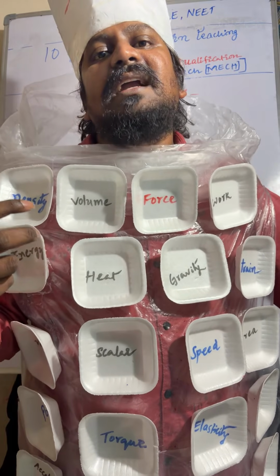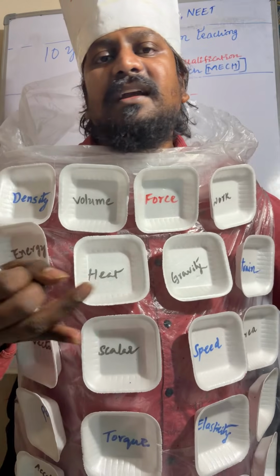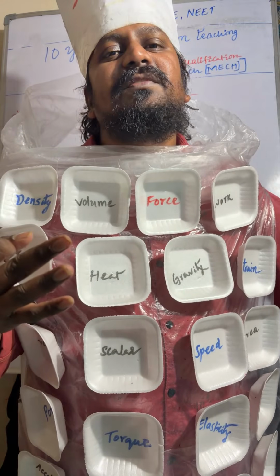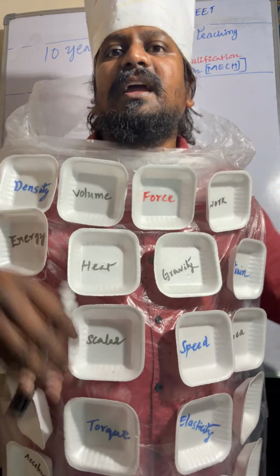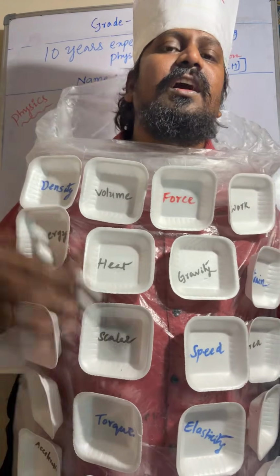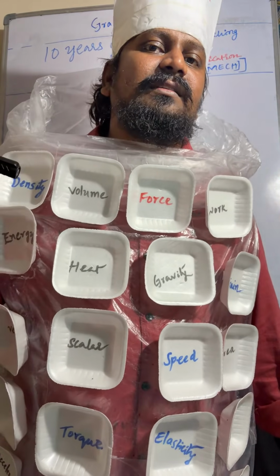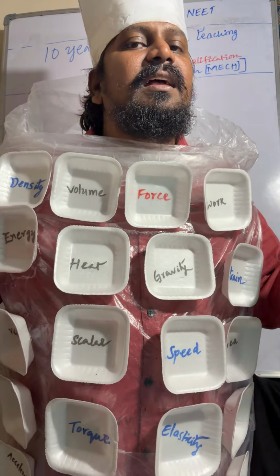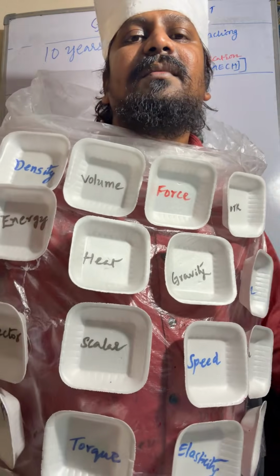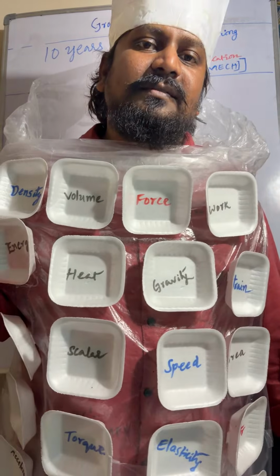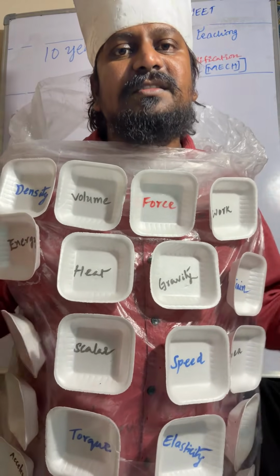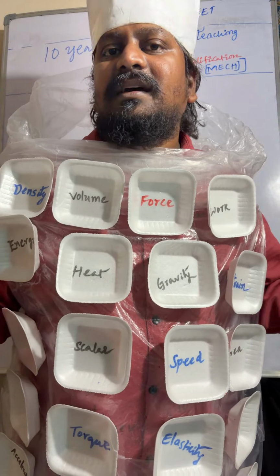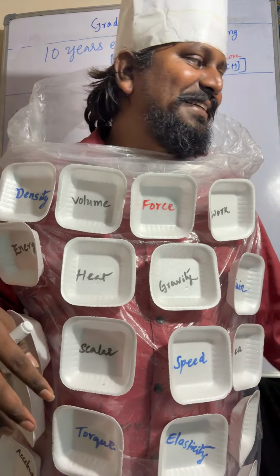Coming to non-contact force, magnetic force is one example, and gravitational force. If you throw an object upward 100 times, 200 times, the body again and again comes towards the earth's center. It falls down.